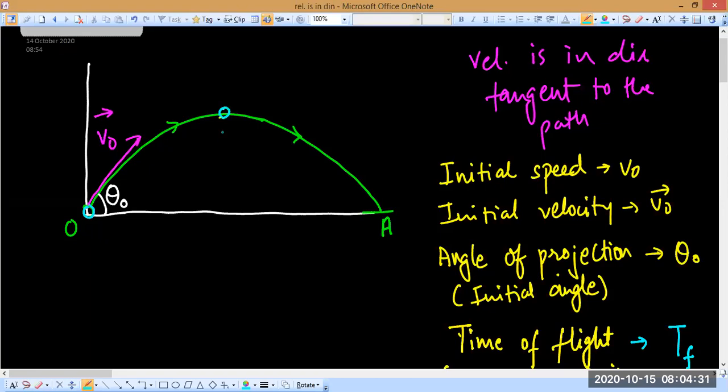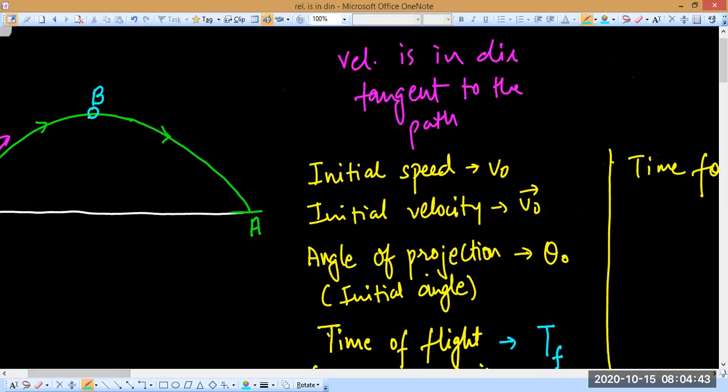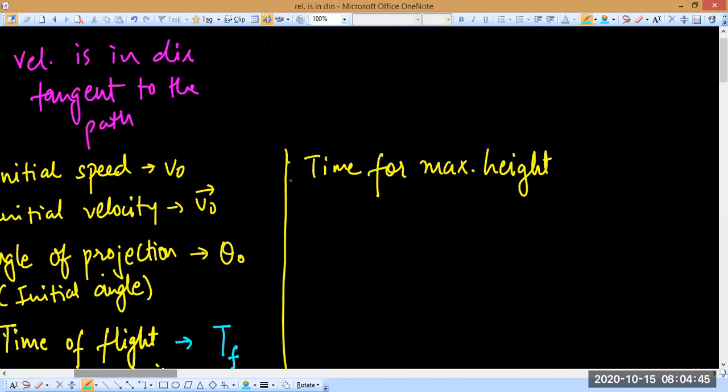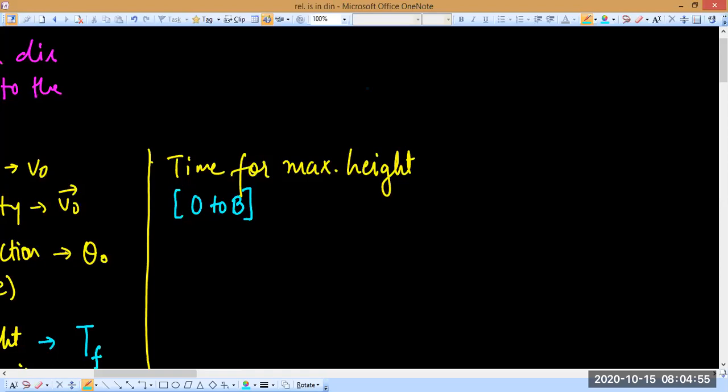The time to go from O to B is called time for maximum height, or time to achieve maximum height. Its symbol is TM, capital T, capital M.